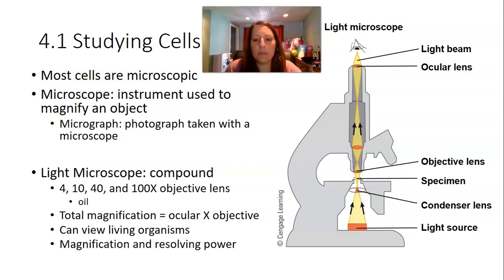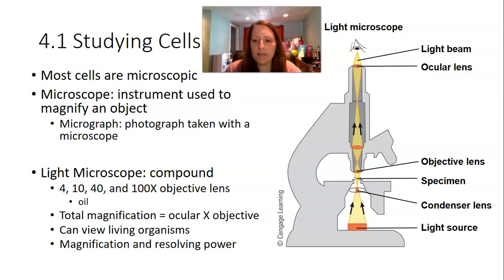Instead, we need an instrument like a microscope. And unfortunately, you haven't been able to actually use a microscope. But in lab week 2, we introduced you to the microscope. And so you at least got to see it. And you know that microscopes are going to be used to magnify an object, to make something appear larger.